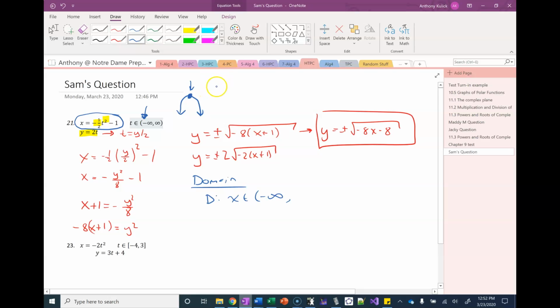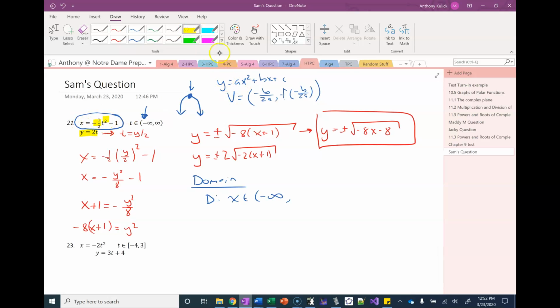Remember, for a quadratic function, we can find the vertex by doing negative b over 2a, and then plugging that negative b over 2a back into the function. If I go back and look here, this is in terms of x and t, where t is the independent variable. So this is my x and these are t's.